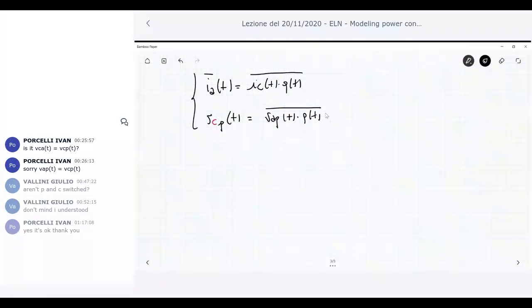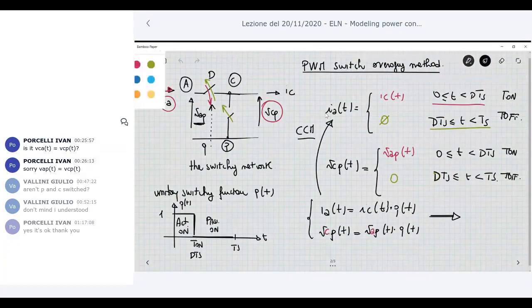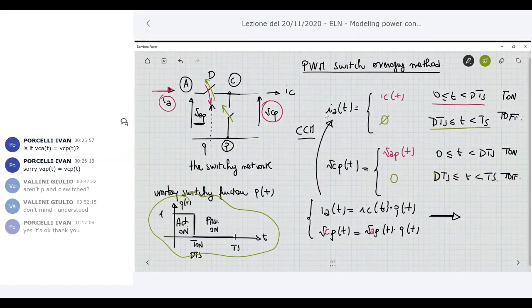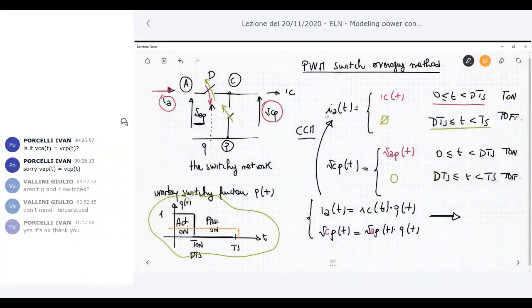Now, I want to exploit a specific result, which is this one. If you have the unitary switching function, like, for example, the one I draw here, and I consider the average value of the unitary switching function, let's say something which is here. Okay, this is Q(t), the average value over TS.